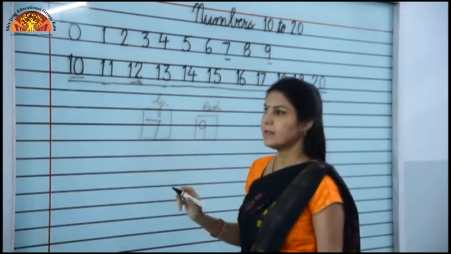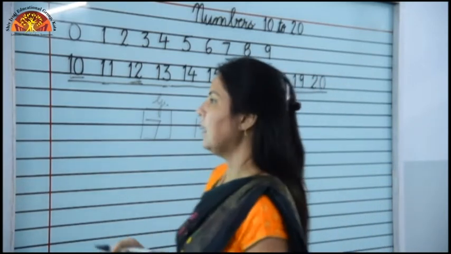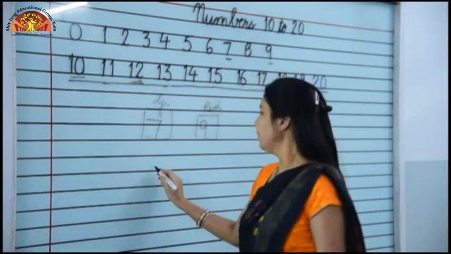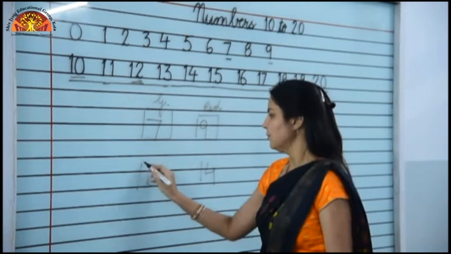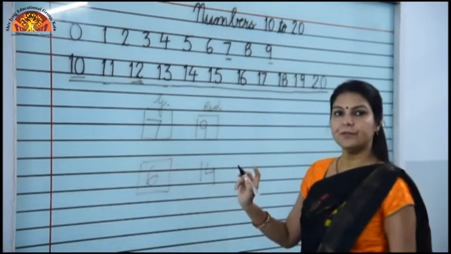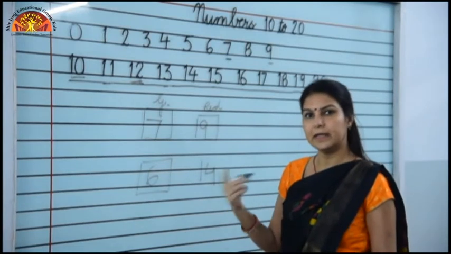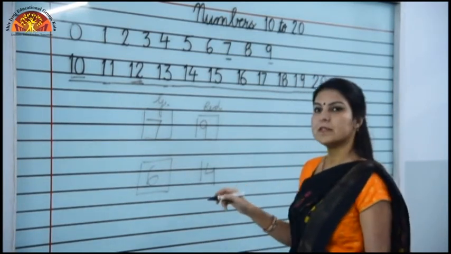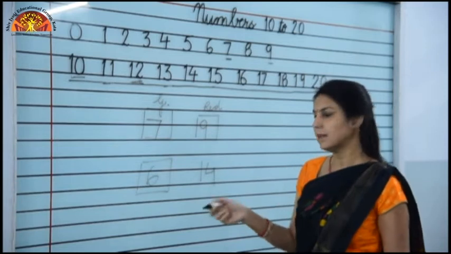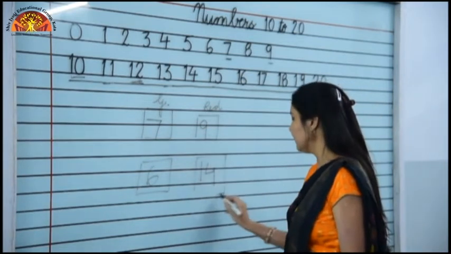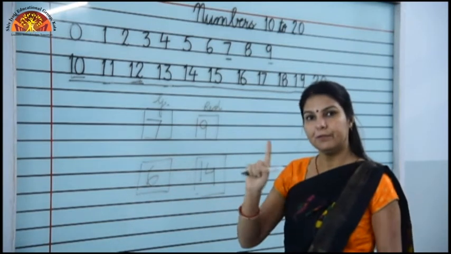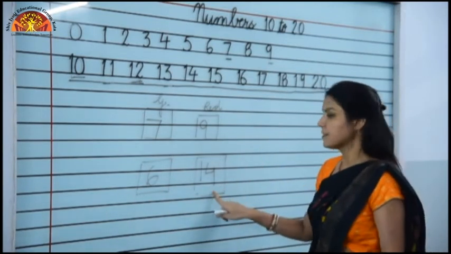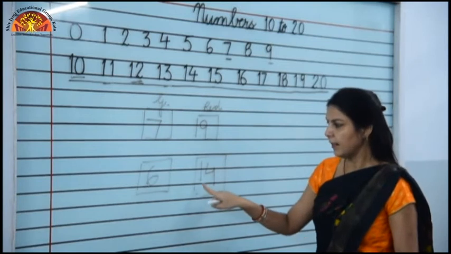Now, one more example. See, numbers are 6 and 14. What you have to do? Again, the number which is smaller, you have to fill green color in that, and the number which is bigger, you have to fill red color in that. Now, compare the number. Children, you can see this number is having only one digit and this number is having two digits.